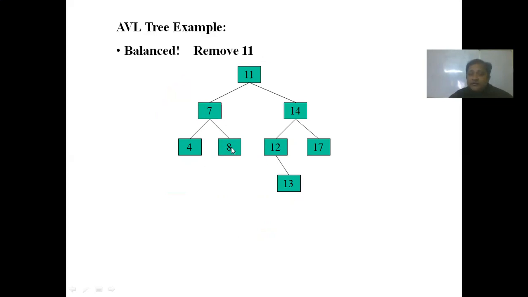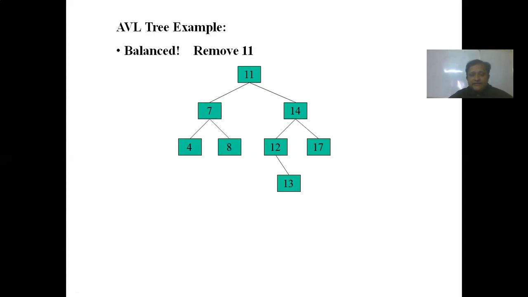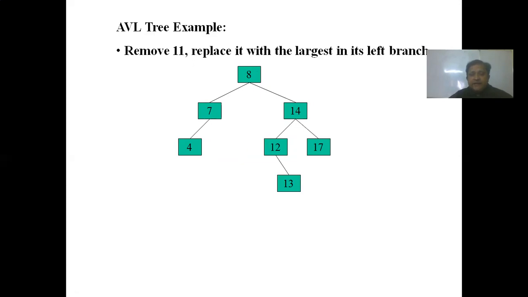So what is the highest valued node here in the left subtree? That is 8. 8 has to be the parent node. So that is a rule. Whenever a parent node is deleted, the highest node in the left subtree will become the parent node. So 11 is deleted, 8 becomes the parent node, and the structure will be like this.